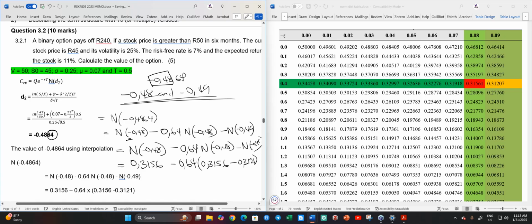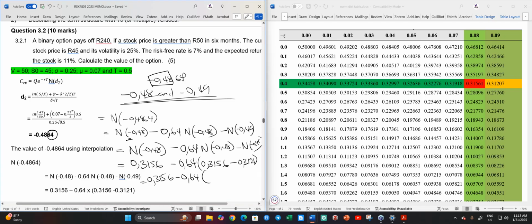Right? Now to get the final answer, I'm just taking my 0.3156, then minus 0.64 times the difference between 0.3156 minus 0.3121, right?